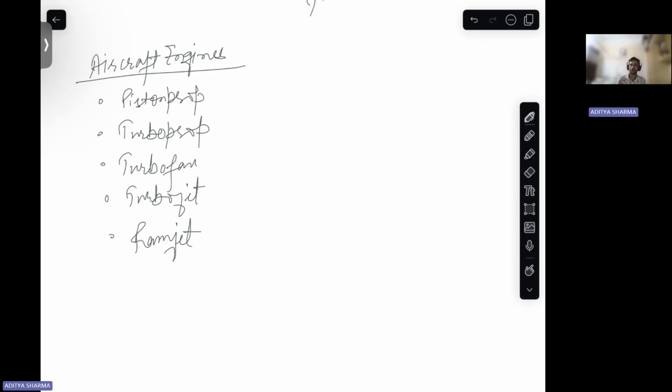So piston prop is where you'll have a propeller to drive your aircraft, and this propeller is being driven by a piston engine. Turboprop is where you have a combination of a propeller and then a jet turbine. So this basically is a turboprop engine.